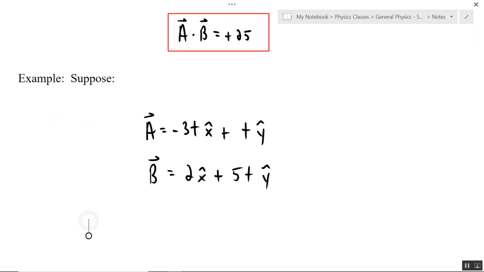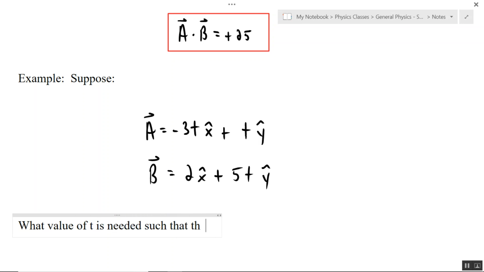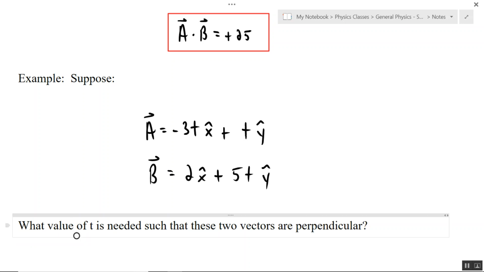So the question is, what value of t is needed such that these two vectors, it's actually maybe 2 values, but whatever, so it could be values, so value or values of t is needed such that these two vectors are perpendicular to one another.